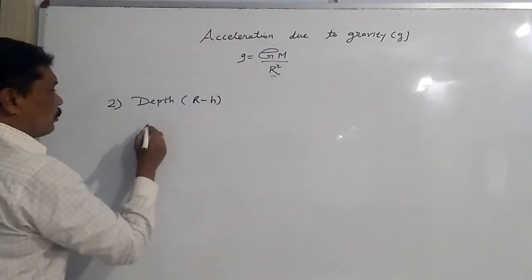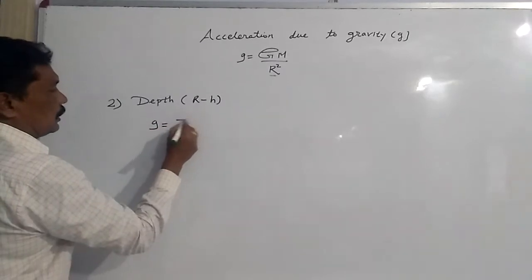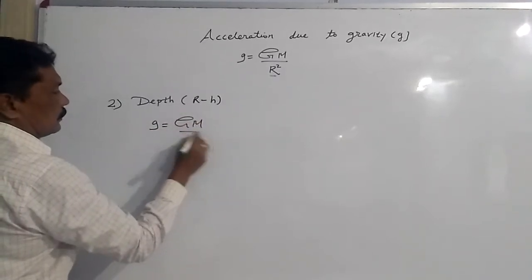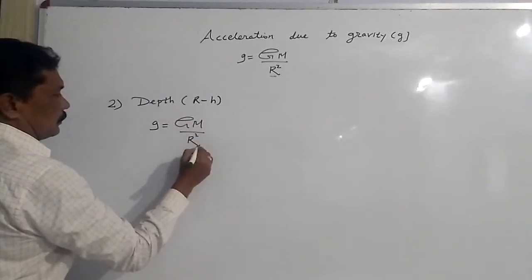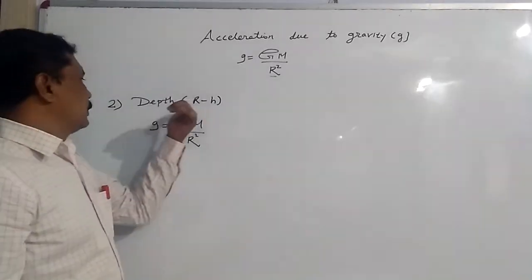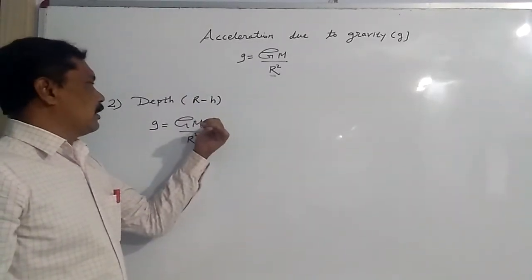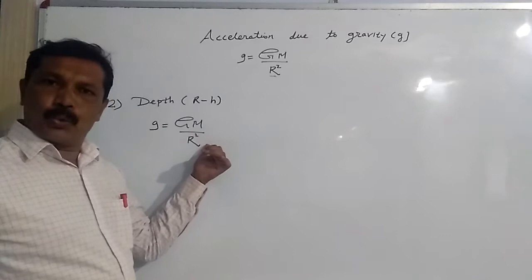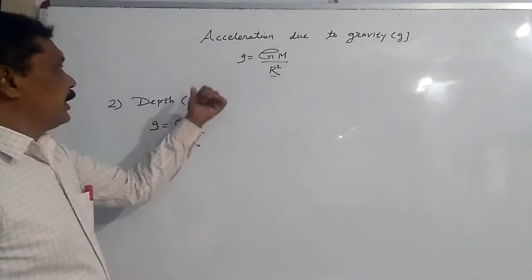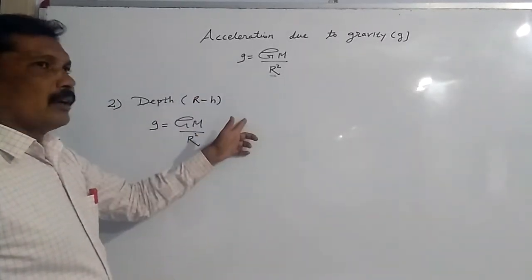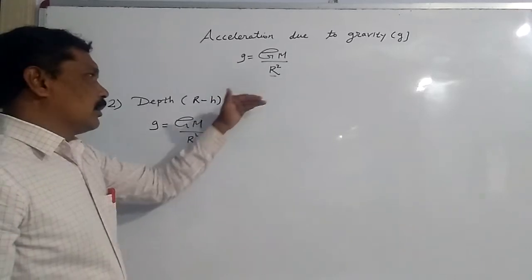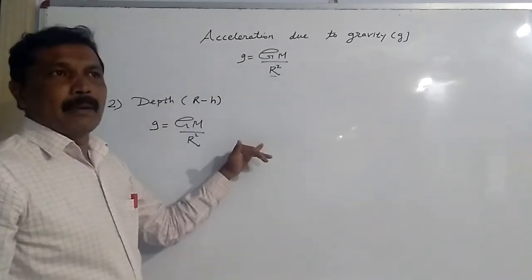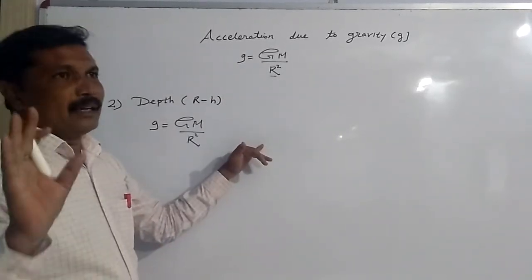Again, according to the formula, g is equal to capital G upon capital M upon R square. If we take the body under the earth crust, then automatically the radius of the earth will go on decreasing.